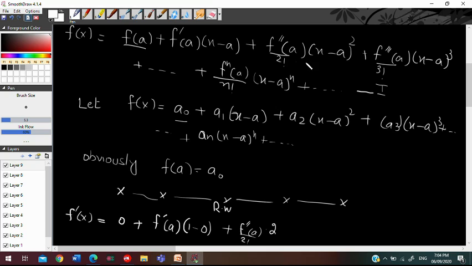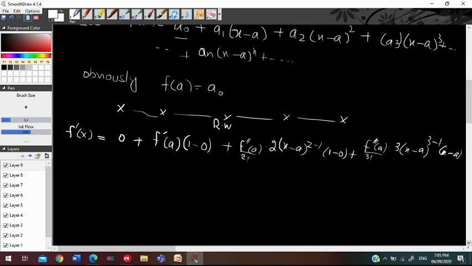I am taking the derivative of this term, 2 into (x minus a) power 2 minus 1, and then the derivative of the inside, which is 1 minus 0, plus f triple prime of a divided by 3 factorial into 3 (x minus a) power 3 minus 1, then the derivative of inside, 1 minus 0, plus up to f n of a over n factorial into n (x minus a) power n minus 1 into 1.